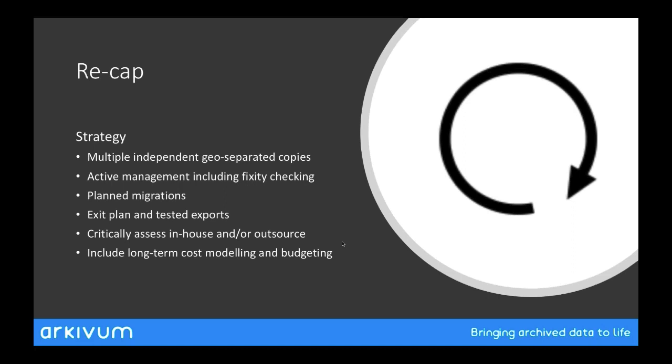So now we've got to the end of part 2. So what I've hopefully provided is some insights into how to achieve safe storage of research data in practice, and the key elements. So independent, geo-separated copies of data, active management and fixity checking, understanding and planning for migrations, the need for exit plans, and tested exports or migrations.